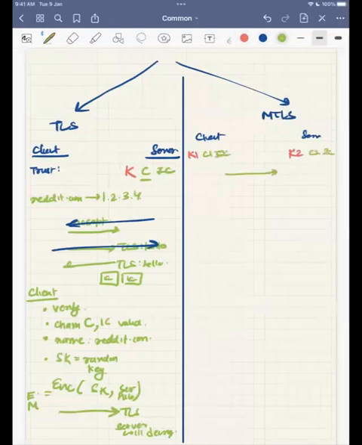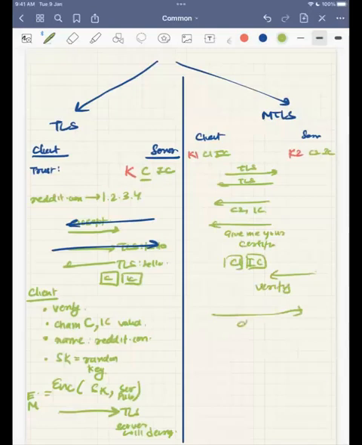In this case, similarly, the TLS handshake happens. It sends a TLS hello back. It asks for the certificates and verifies, and also says give me yours also. Give me your certificate. Then the client also gives the certificate. This verifies. After that, the data is sent.